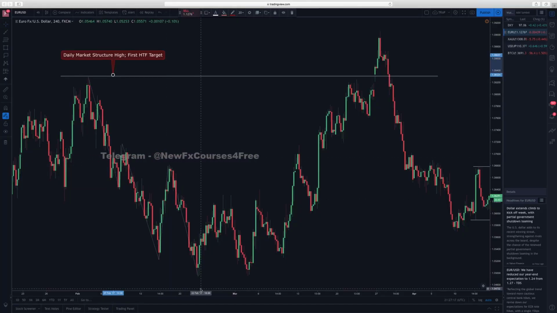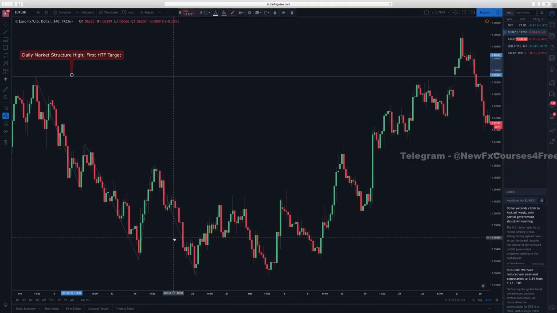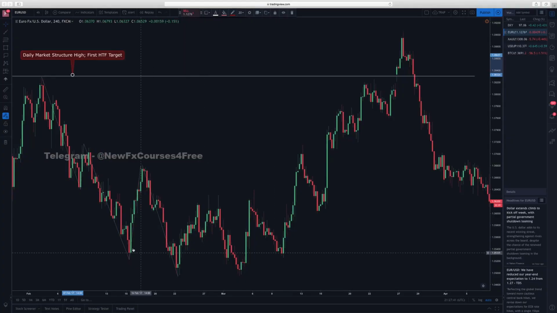Obviously, as you get more experienced and as your skill starts to grow over time, you will be able to use some of the more subtle highs and lows in there as your structure points. For this example, I'm just going to use the highs and lows that actually formed the range at the bottom of this daily high low area.